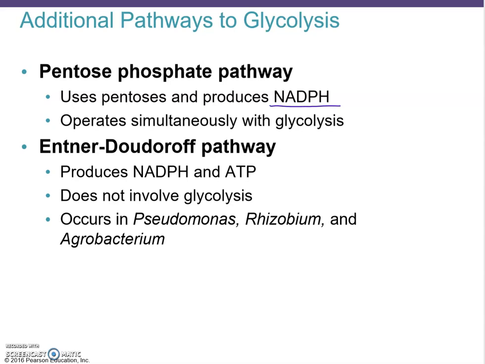And then there's something called the Entner-Doudoroff pathway. That one produces NADPH and ATP, does not involve glycolysis, so it's an alternative pathway that occurs in Pseudomonas, Rhizobium, and Agrobacterium.